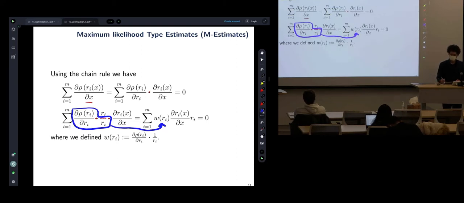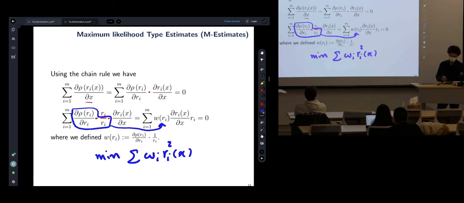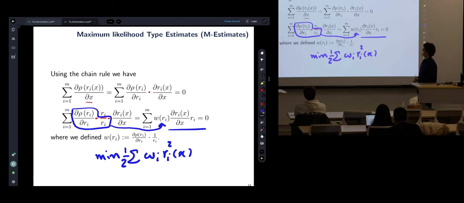Because if your problem is a weighted least squares problem, if you have some weight, when you take the gradient, of course, it will be the weight times the residual times the partial derivative of the residual with respect to the decision variable. So what we see here is the necessary condition for the weighted least squares problem.